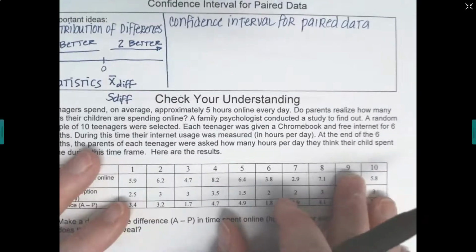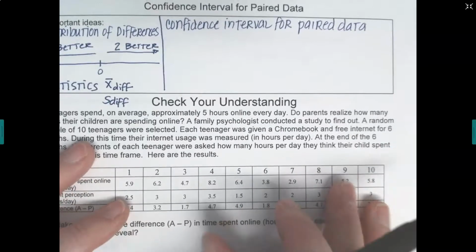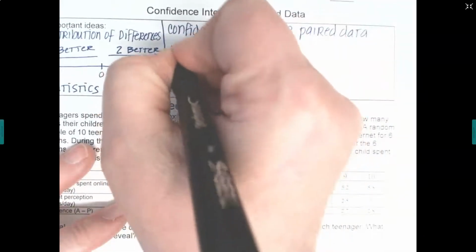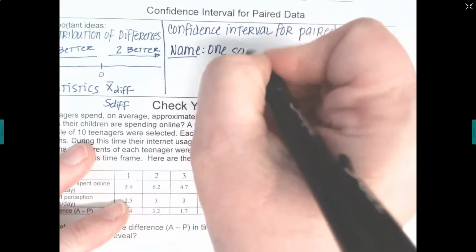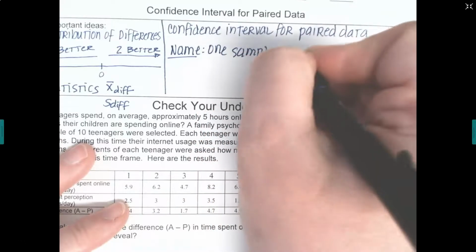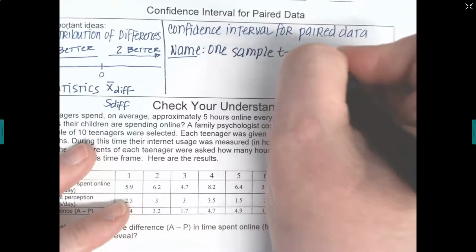Okay. Then we have our confidence interval for paired data. Your procedure name is the one sample t interval for mu diff.